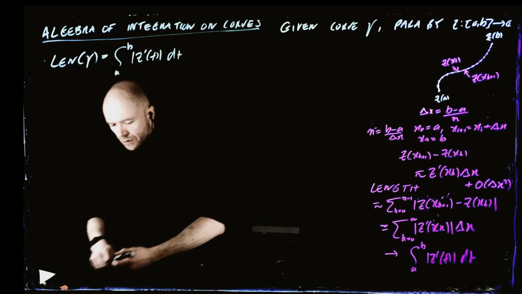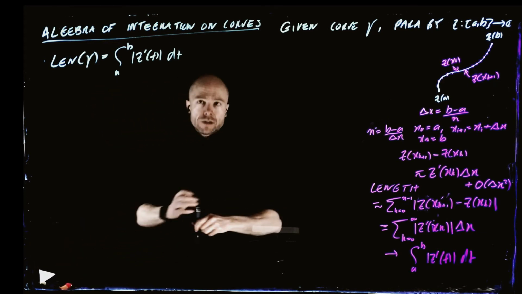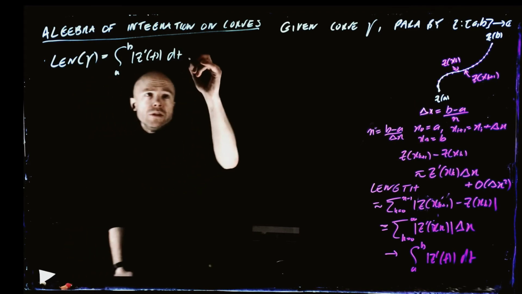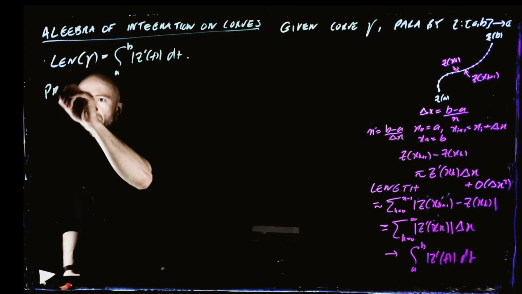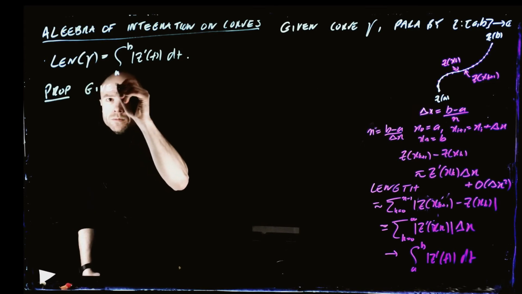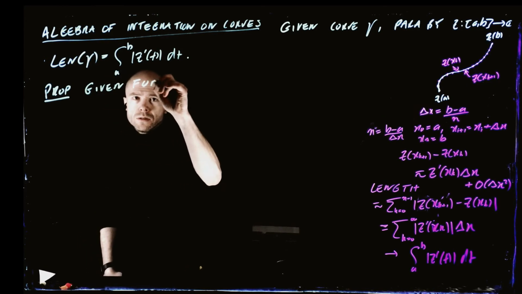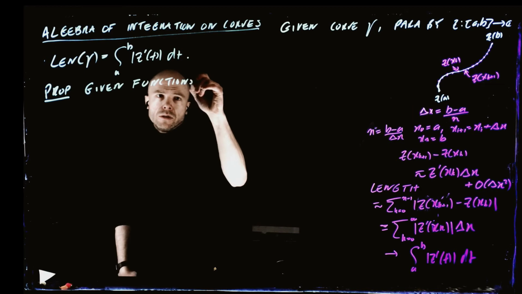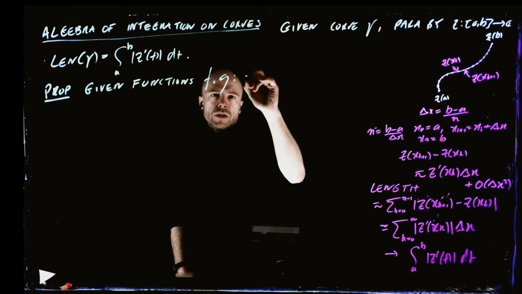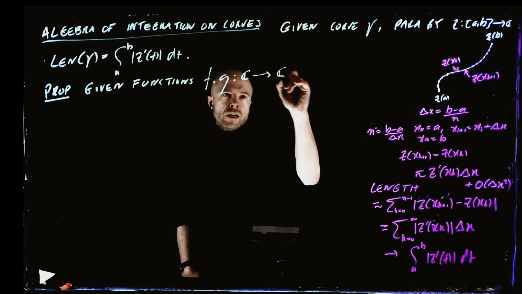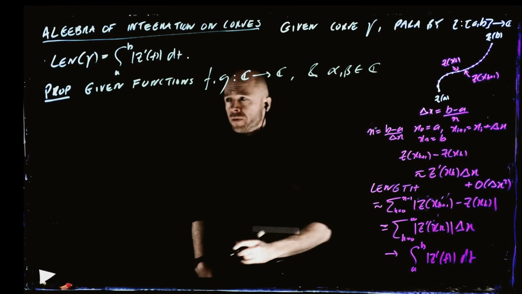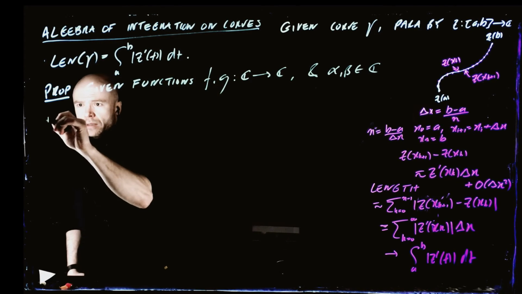So with this, we can start to prove or state some of these facts of the proposition. Given functions f, g from the complex plane to the complex plane, and alpha, beta, which are just complex numbers, we have the following things.